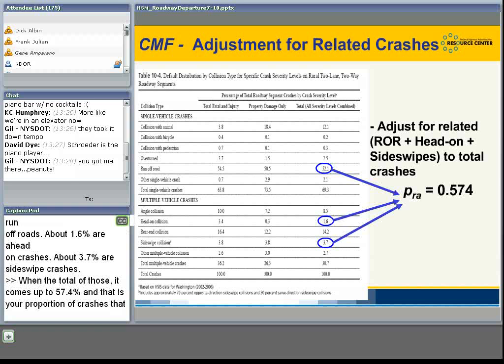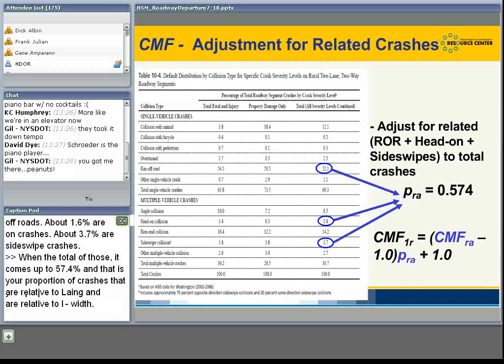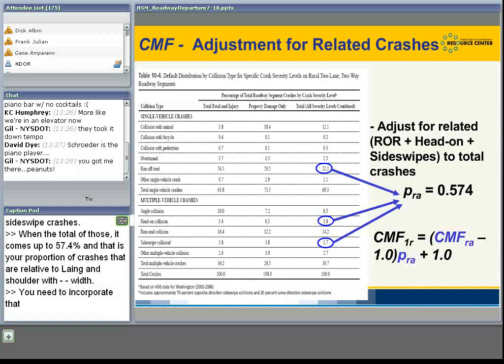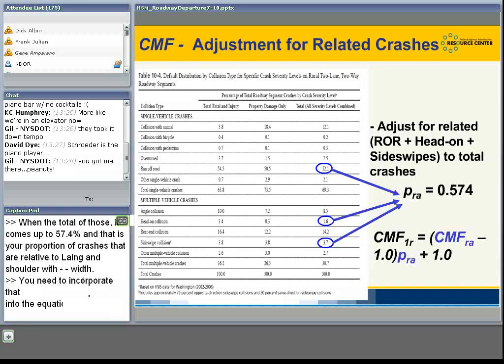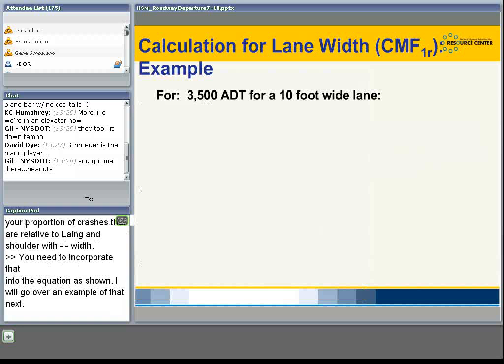When you total all those up, that comes up to about 57.4%. So that is your proportion of crashes that are relative to lane and shoulder width. And so to come up with an adjusted crash modification factor, you need to incorporate that into the equation as shown. And I'm going to go over an example of that next.